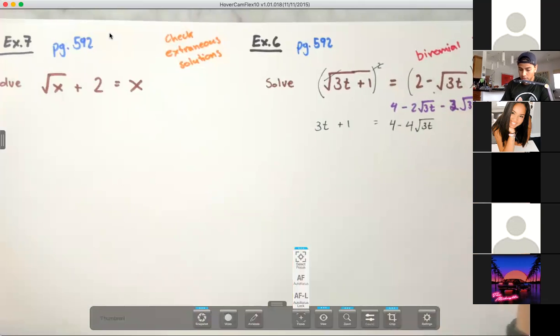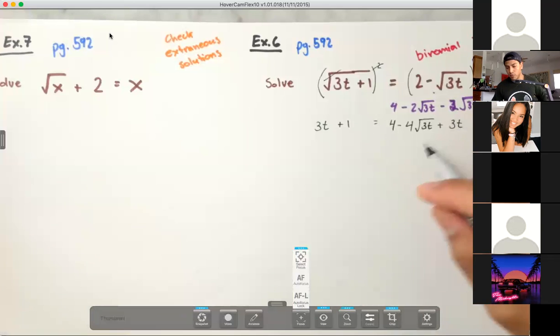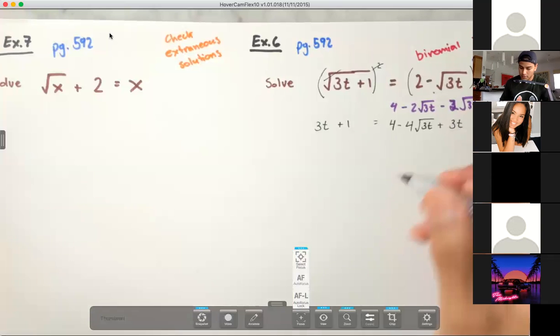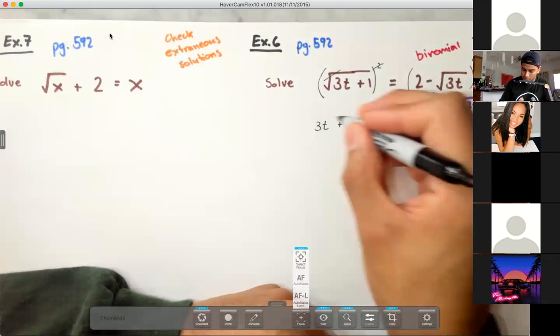The square root of 9 is just 3, and the square root of t squared cancels with that square, and we're only going to keep the positive value, obviously. So we end up here with 3t. So we have 4 minus 4 square root of 3t plus 3t. All right, so this is what we have so far.